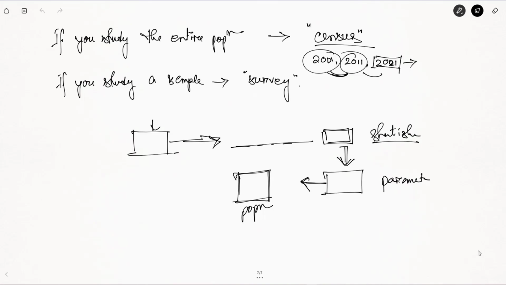Now the last topic in this section is how we can draw these samples. How to draw a sample. Samples can be drawn broadly by two methods.